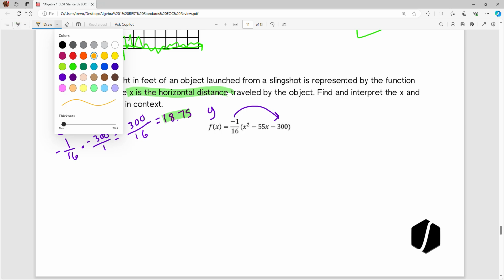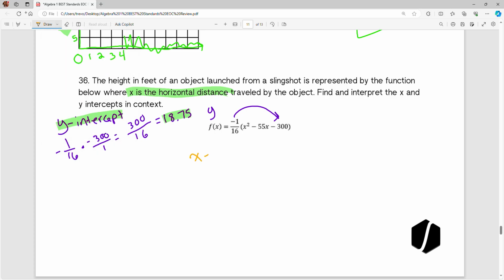So x equals negative b plus or minus the square root of b squared minus 4ac, over 2a. So I can plug in, right, where this is ax squared plus bx plus c.